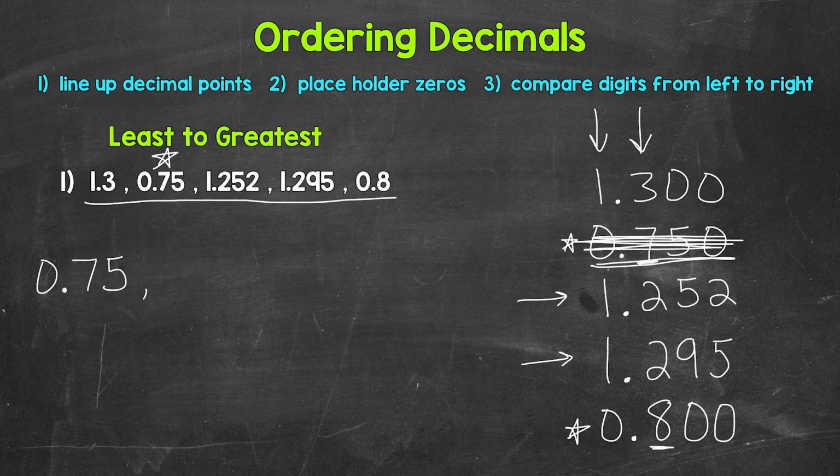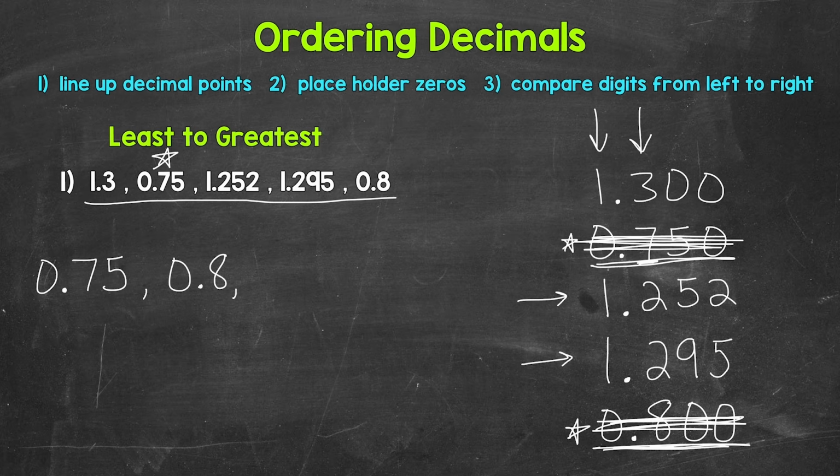So starting in the ones place, we have a 1, a 1, a 1, and a 0. Well, 0 is the smallest in value, so that comes next because we only have one number with a 0 left in the ones place. That's going to be this right here. So let's write the original number here, 8 tenths, and we can cross this off.